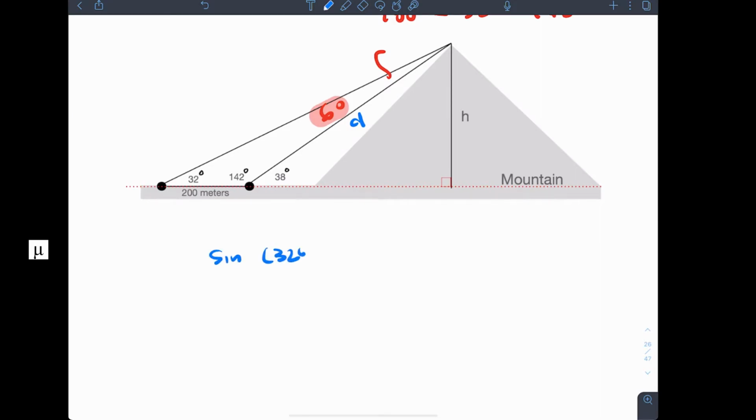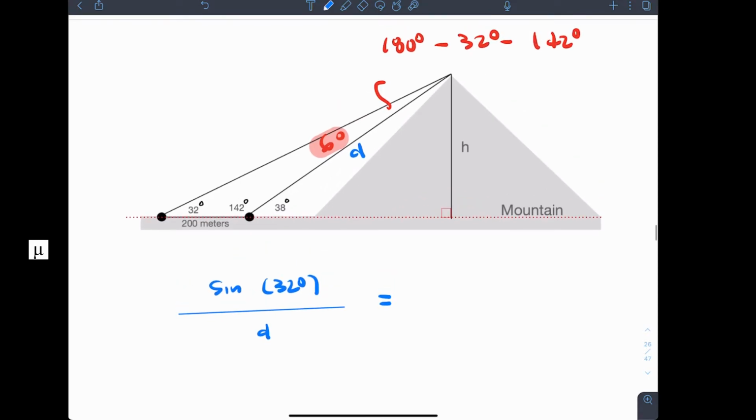So sine of 32 degrees divided by D is equal to what? Sine 6 degrees divided by 200.